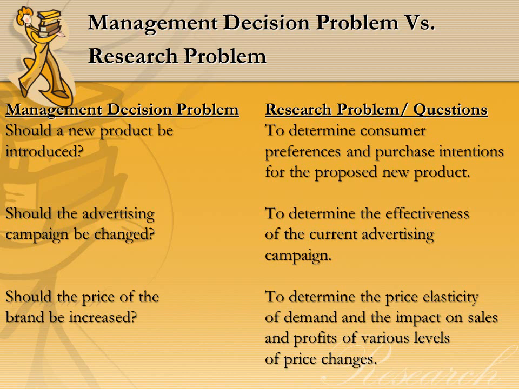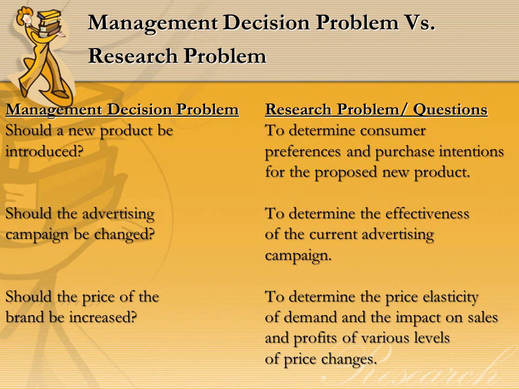Causal research primarily captures the impact of independent on dependent variable. So in this case, because you are determining consumer preference and purchase intention, we are capturing the general insights of the consumer. So what I need is qualitative research followed by general information. That's why I need descriptive research.